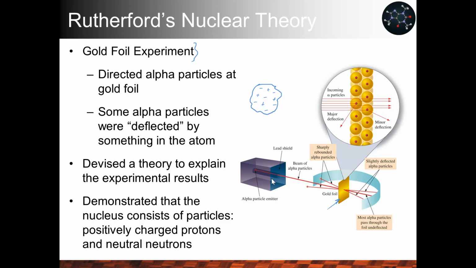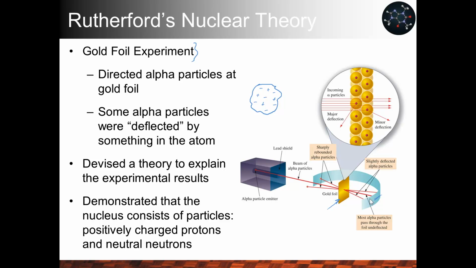If that was the case, then when you shot this big solid alpha particle at the gold foil, the thought was it should just punch right through. It's not going to be deflected or hindered in any way by the foil. It'll just blast right through the foil atoms and continue on and be detected on the sheet of detector material on the other side.